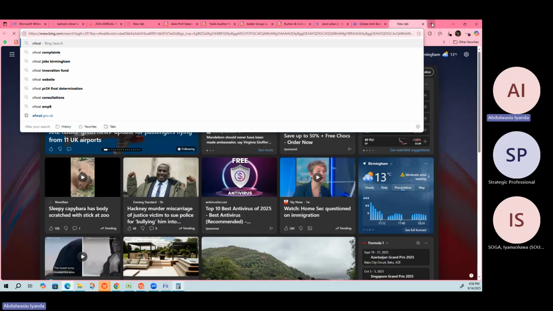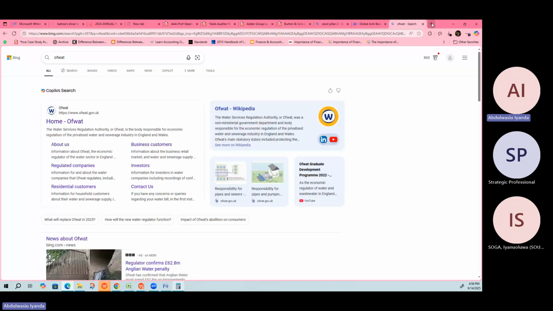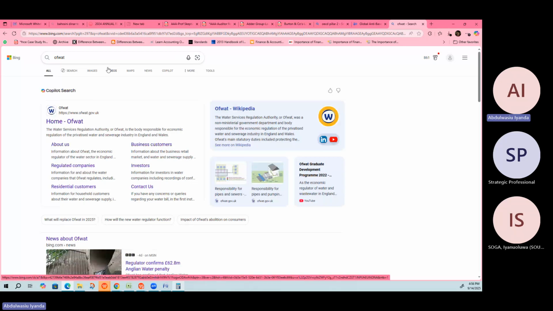Ofwat is the regulator for companies in the water sector, and they used to have what we call AMP. Currently they are in AMP 8, which is usually five years. The regulator gives the water companies what they expect them to do for the next five years.